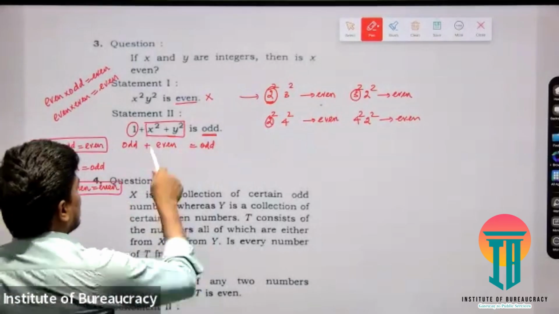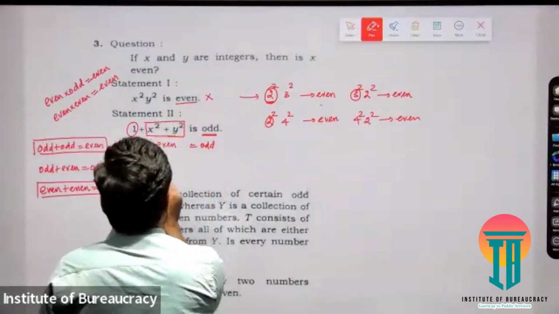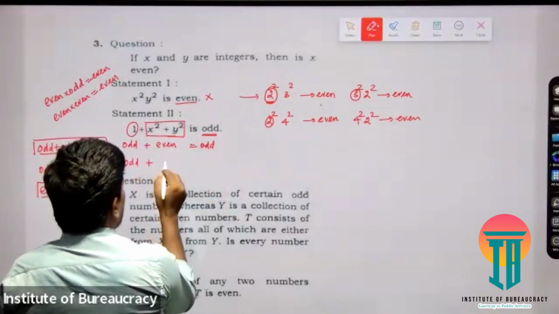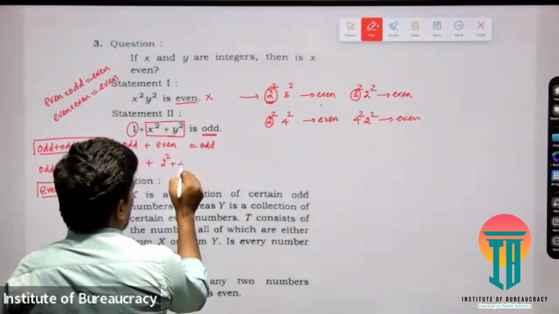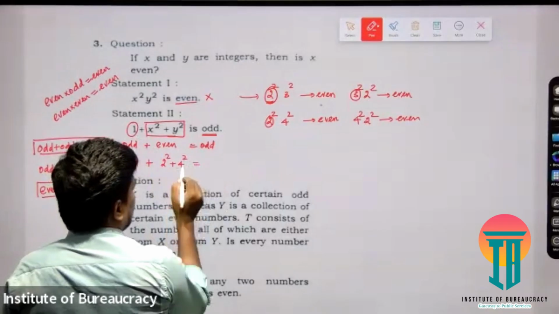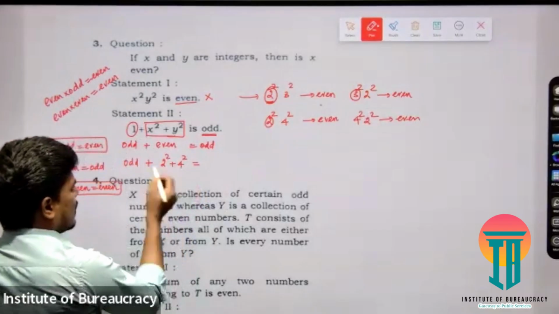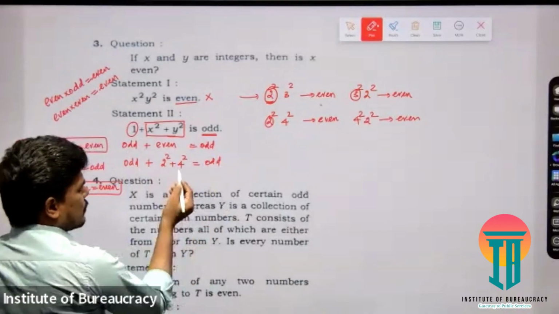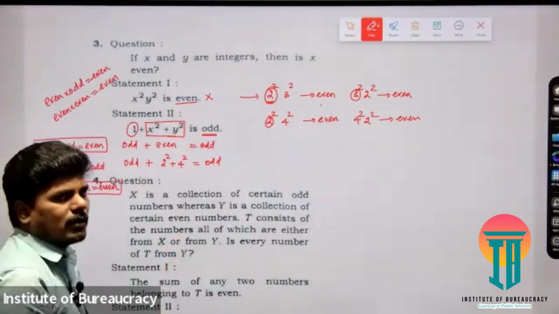So in the place of x square y square, it can be something like 2 square, 4 square, both even. Even plus even is even, plus 1 is odd: 16 plus 4 is 20, 20 plus 1 is 21, an odd number.